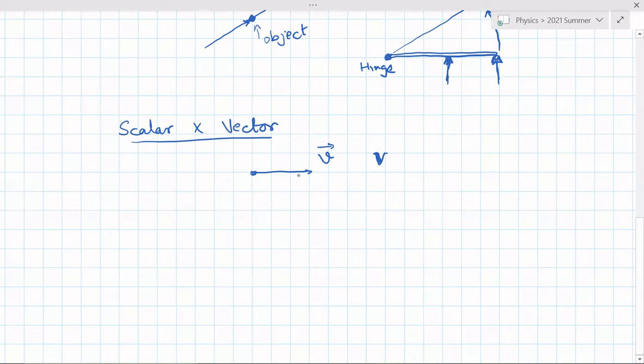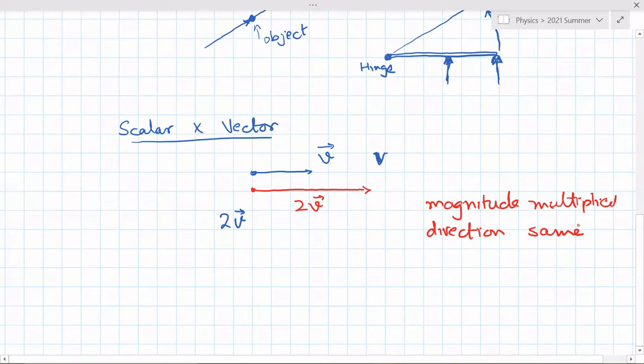And if I multiply this by 2, what does that mean? Same direction. So all it is modifying is the magnitude. The result will be that the magnitude is multiplied. If it is multiplied by a negative, then the direction will flip.